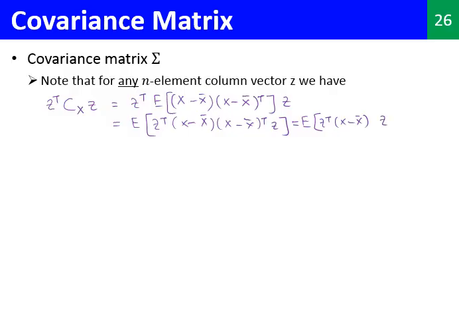So we can write this as Z transpose times (x minus x bar), whole thing transpose.